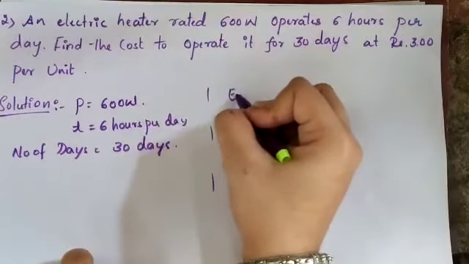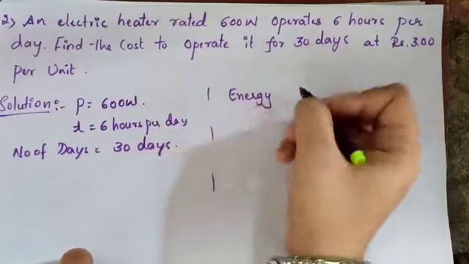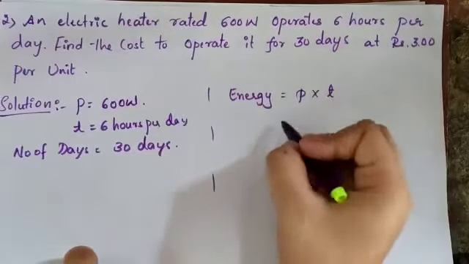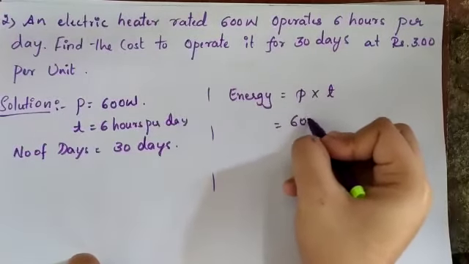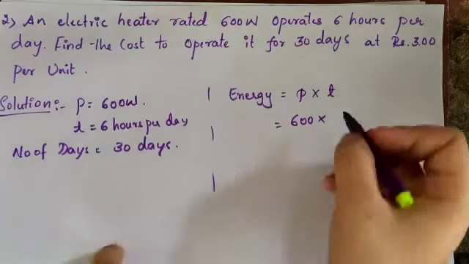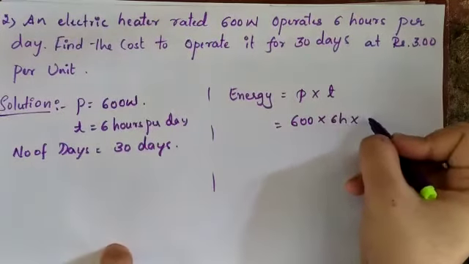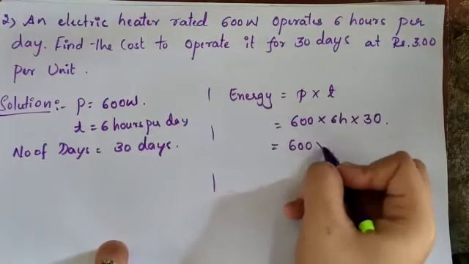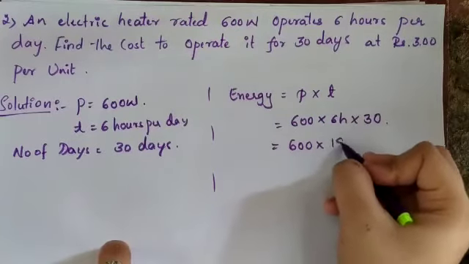So energy is equal to P into T. P value is 600, T value is 6 hours into 30 days. So 600 into 6 into 30, that is 108000 watt hour.